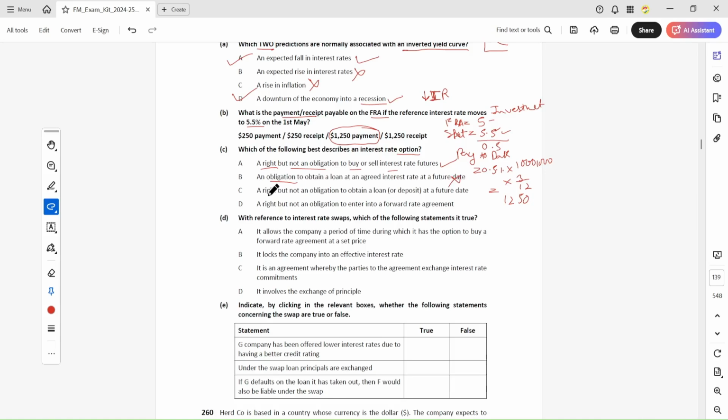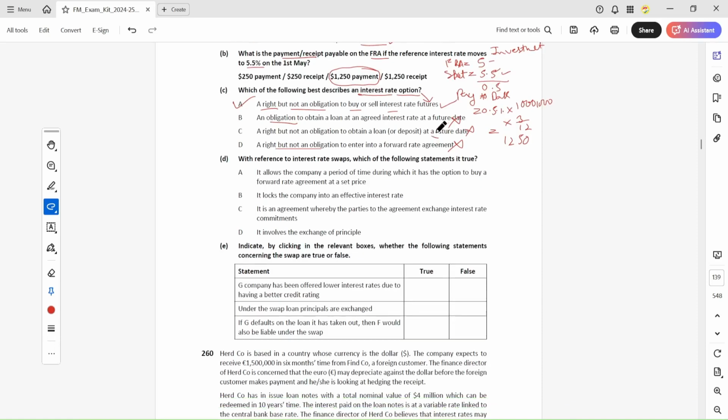It is the right, not an obligation, to obtain a loan or deposit at a future date? No, it's actually the option is on the future. It is not a right to enter into a forward rate agreement. No, so this is the correct answer.